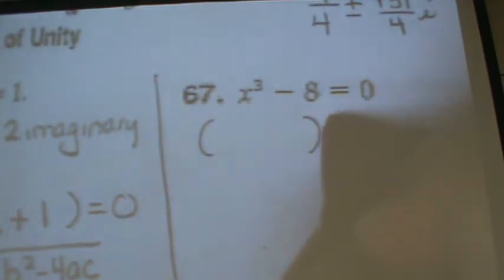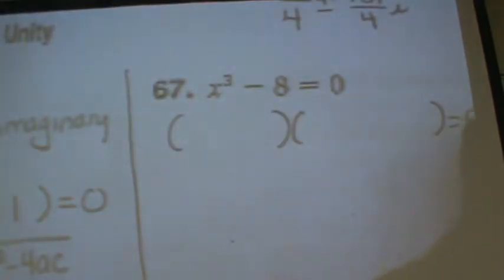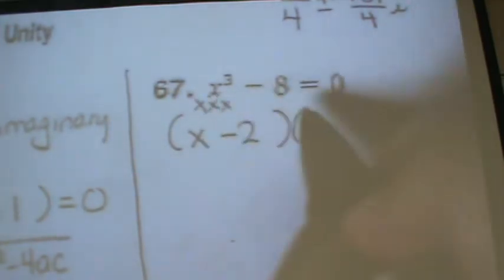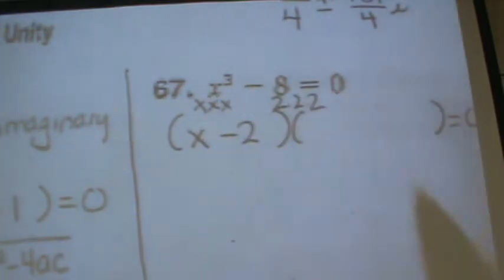And the last two. How do you factor x cubed minus 8? You want to find all three solutions for this one. So this, you're going to have a binomial and a trinomial. So x minus 2, remember this is x times x times x, and this is 2 times 2 times 2.